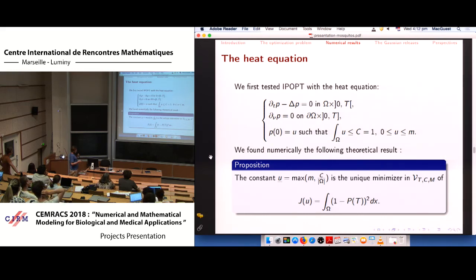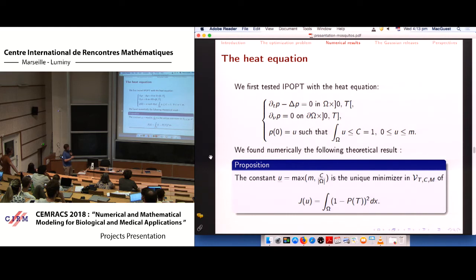Okay, and so then we moved on to the real problem. We knew we also had similar results, well, not theoretical results, but we had intuitions on what the solution could be. It's going to depend on what your constraints are.